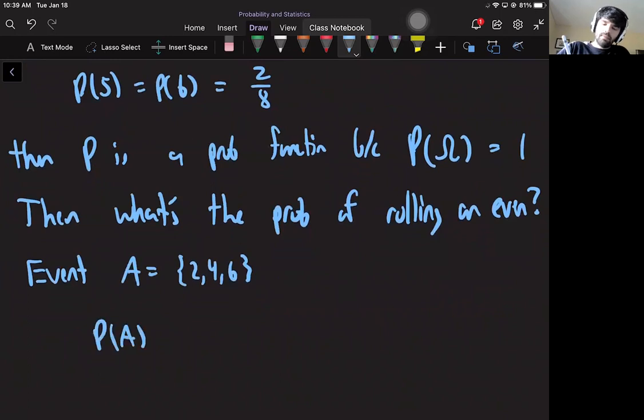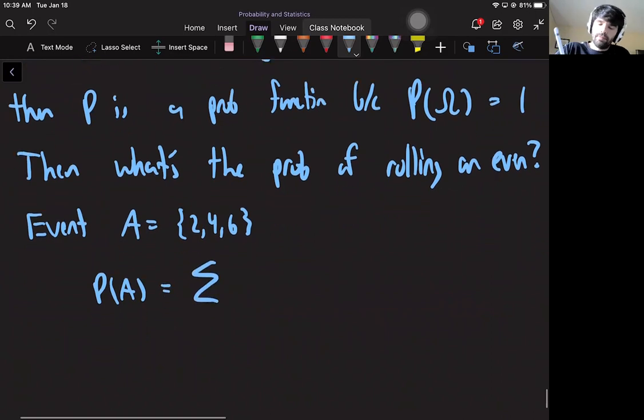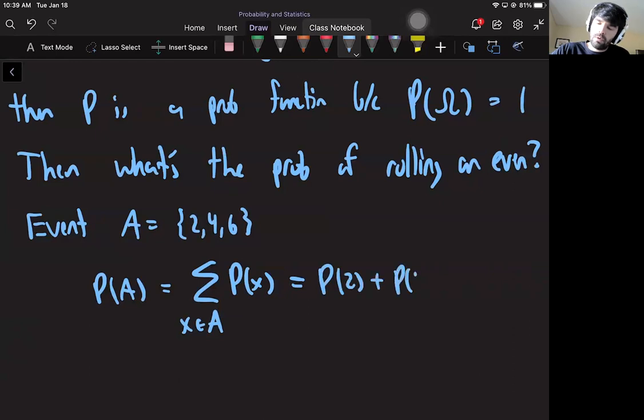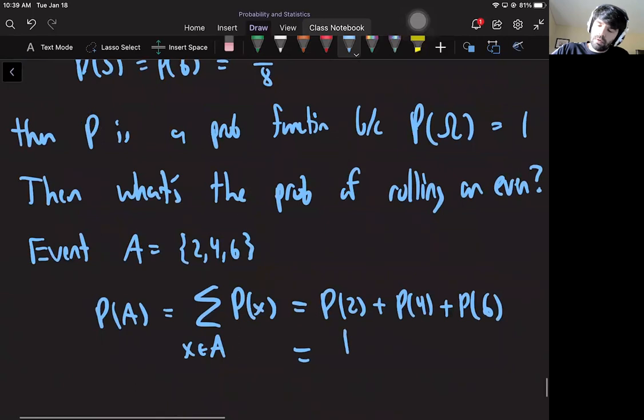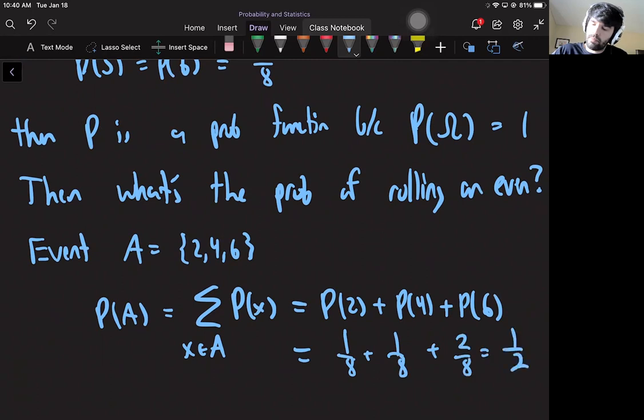And we just define it by adding up the probabilities of the outcomes in that event. So what are the outcomes in that event? A 2, a 4, or a 6. What's the probability of rolling a 2? Well, let's go up here. It's 1/8. Probability of rolling a 4 is also 1/8. Probability of rolling a 6 is 2/8. This will add up to 1/2.